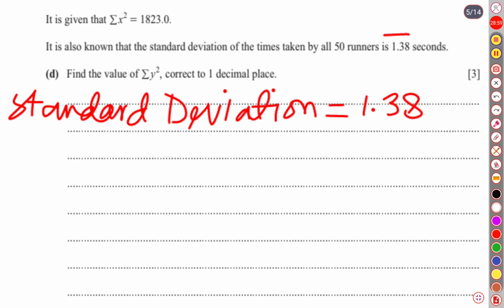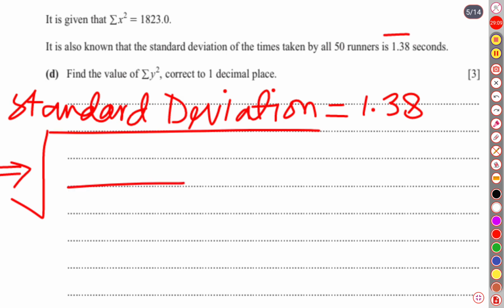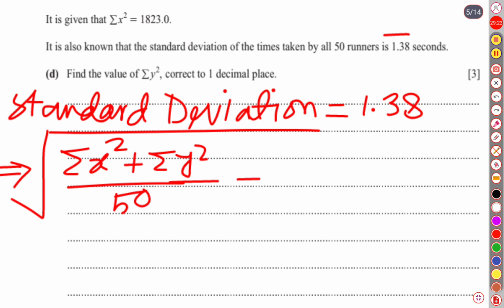1.38. And standard deviation doesn't make any change in coding, so it's all the same. That is our sum of x square plus sum of y square over total number of participants, which is 50, minus mean value square, that is whole of mean value.